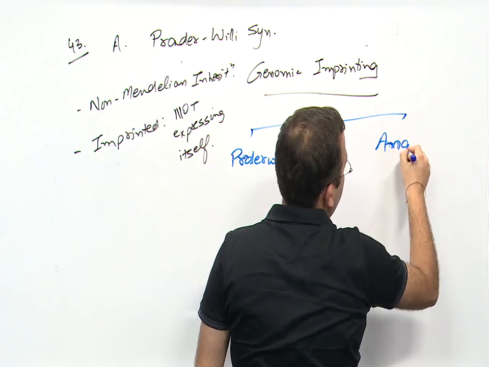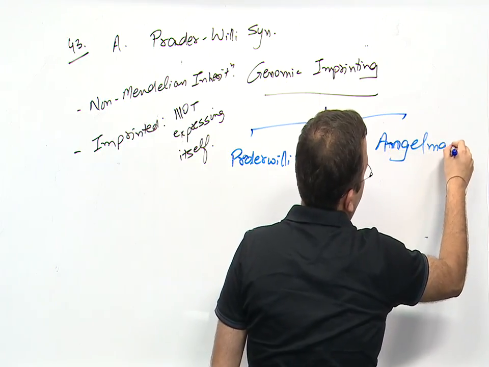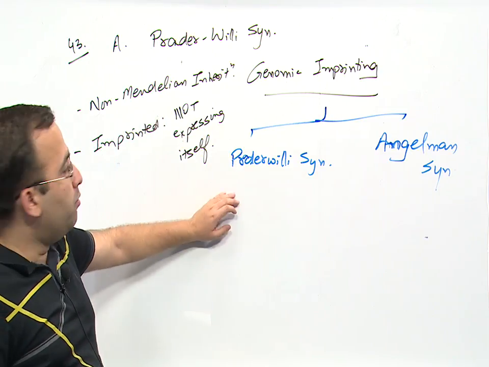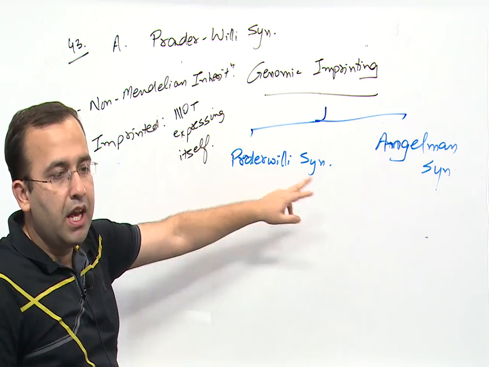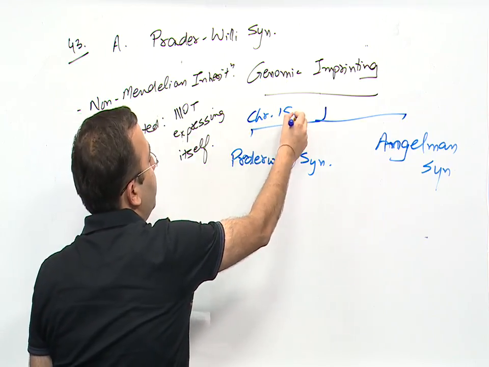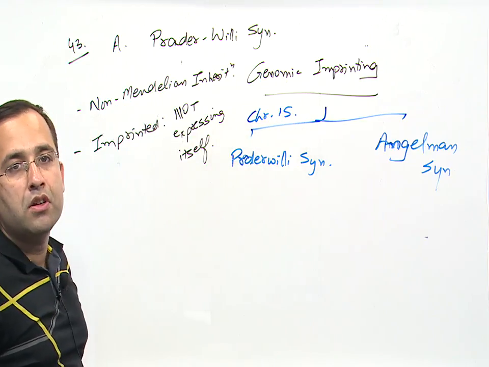Prader-Willi and Angelman syndrome. First point, both of these are associated with chromosome 15 mutations.